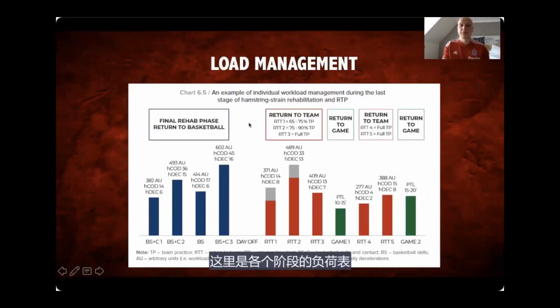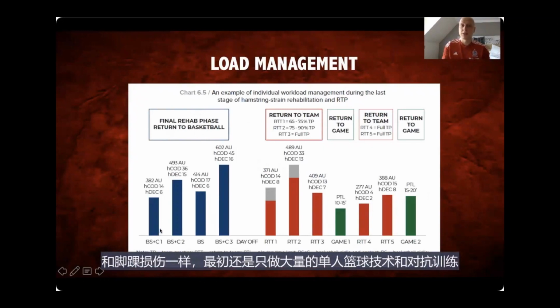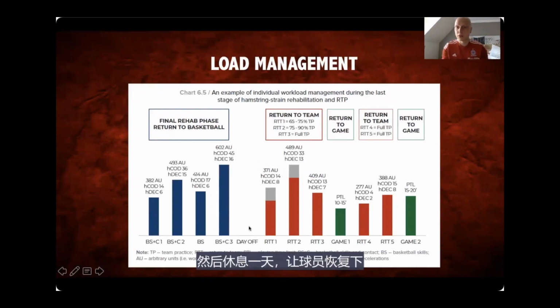If we talk about the final rehab phase, and then we return to team and we return to play games, or something similar like after the ankle sprain, we work a lot on basketball skills and contact, only basketball skills, then basketball skills and contact, and then we will have a day off to give the player time to rest, not to come in this phase with the team with residual fatigue.